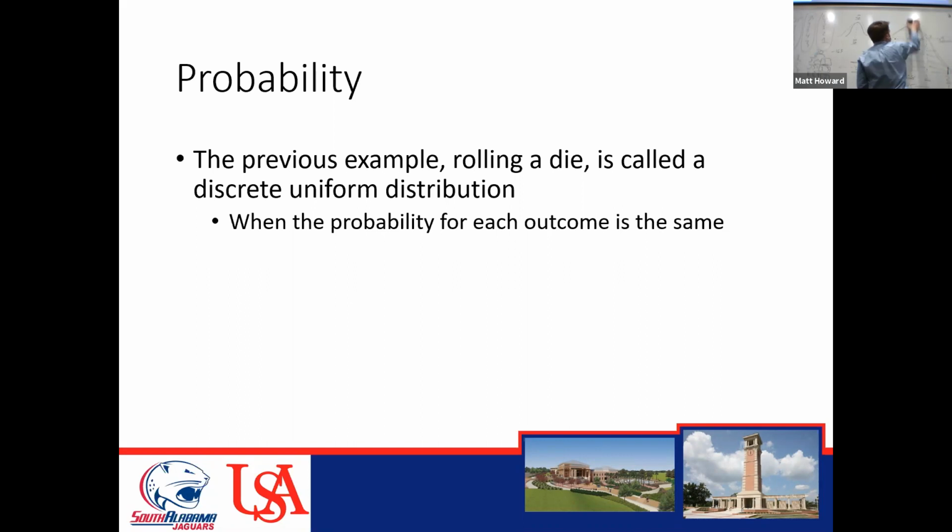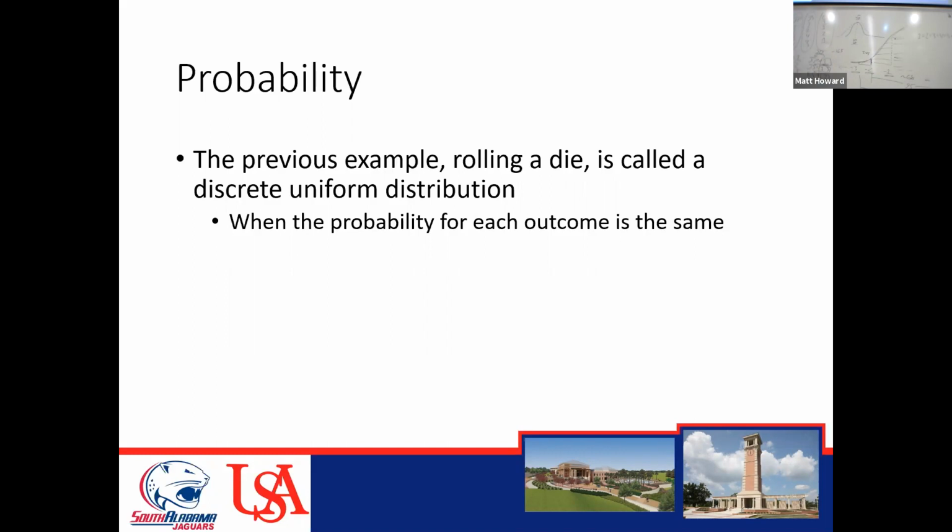Rolling a dice is a discrete uniform distribution because we have 6 different options, 1 equals 2 equals 3 equals 4 equals 5 equals 6. And that's why it's a discrete uniform distribution, because the probability of each is equal throughout.